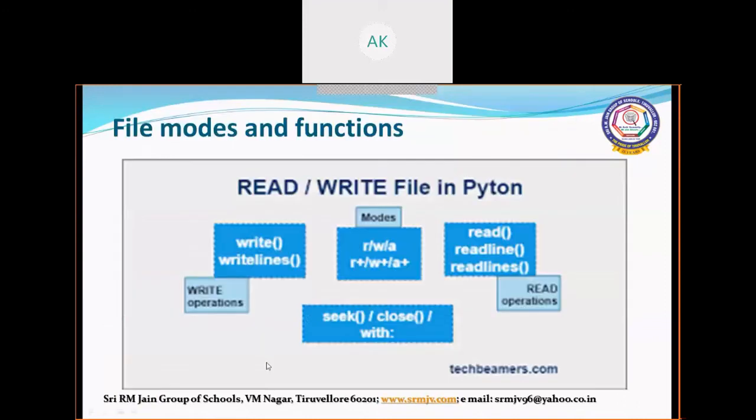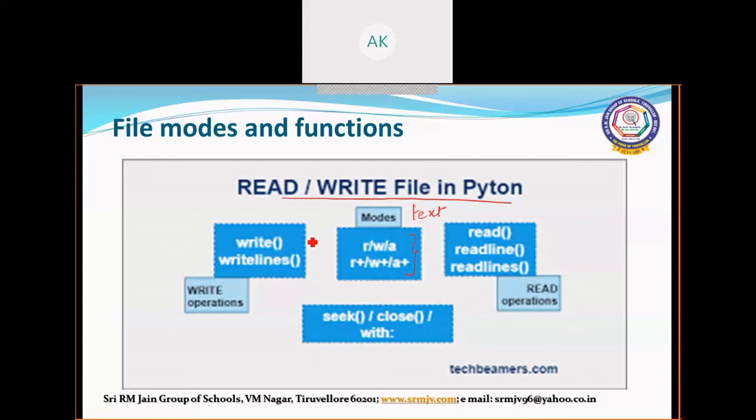So here we have read and write files in Python. We have different modes: R, W and A, R plus, W plus and A plus. These are the different file modes for your text file operations.